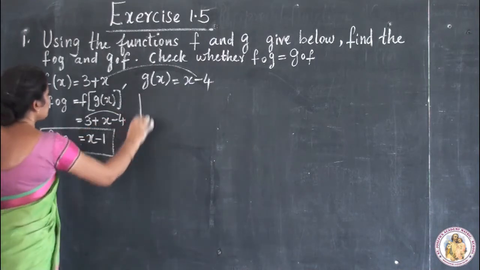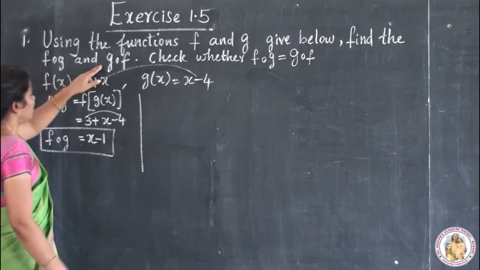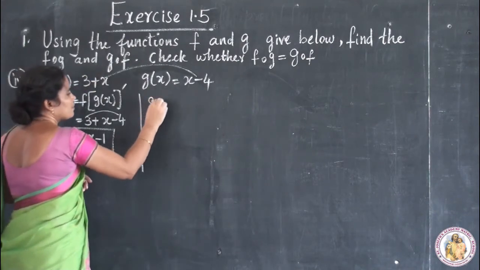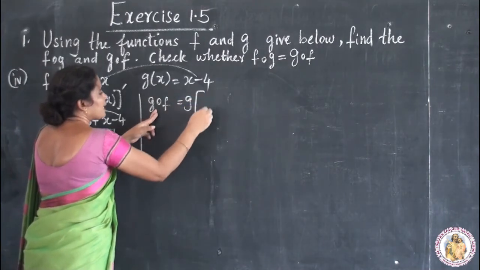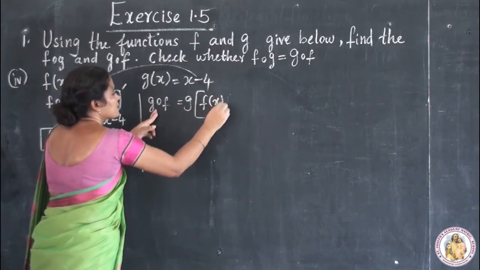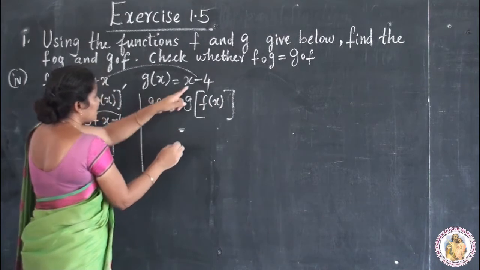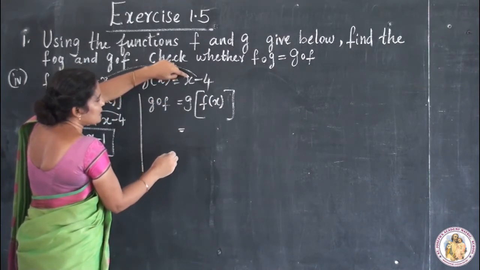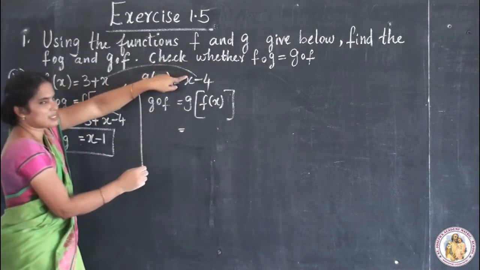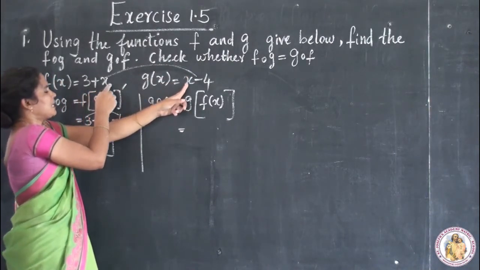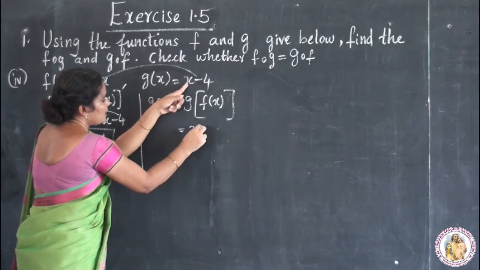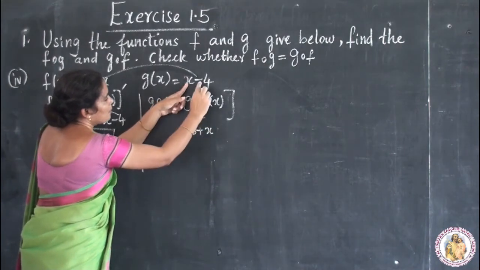Then g of f. g of f is g within bracket f of x. g is x minus 4. So in the place of x you have to write 3 plus x: 3 plus x minus 4.